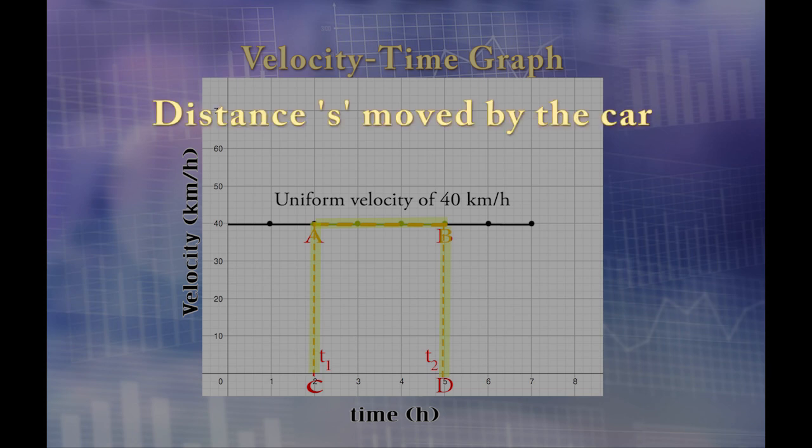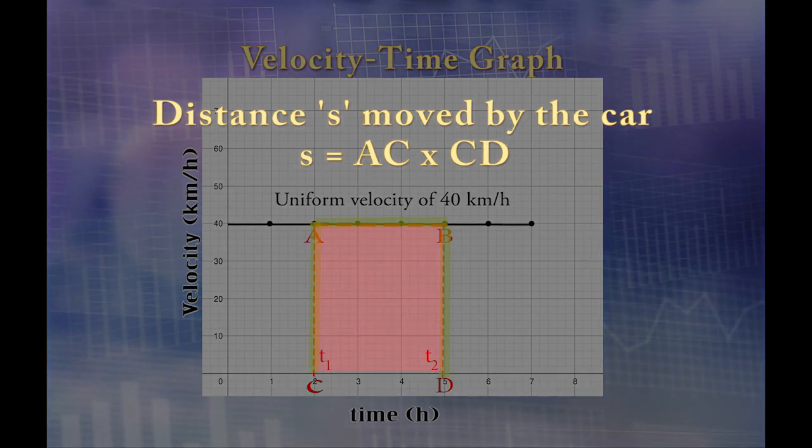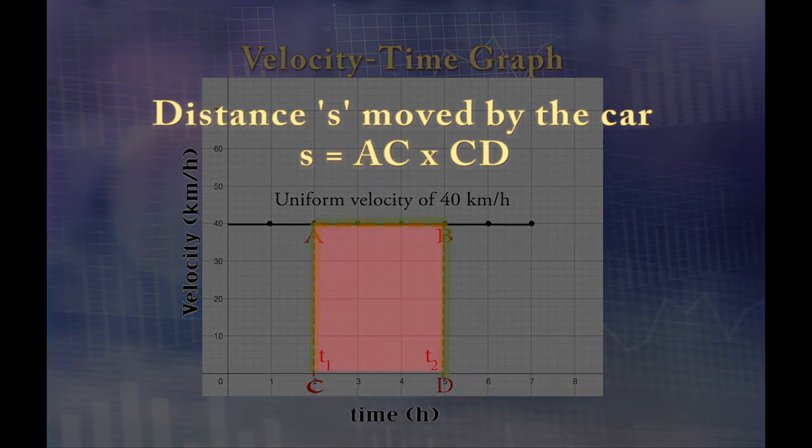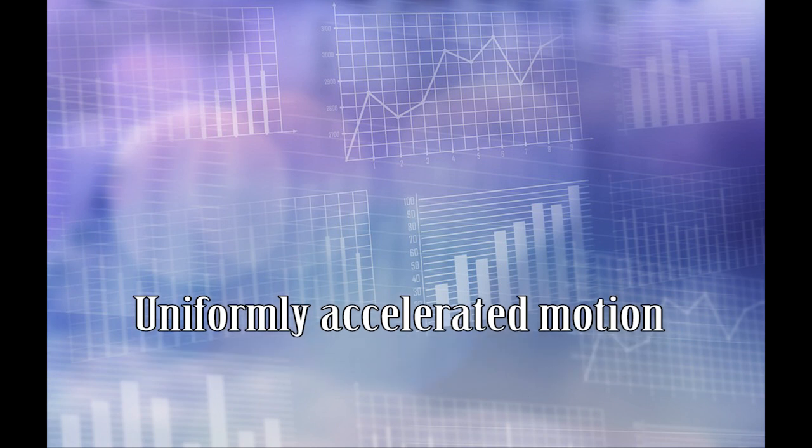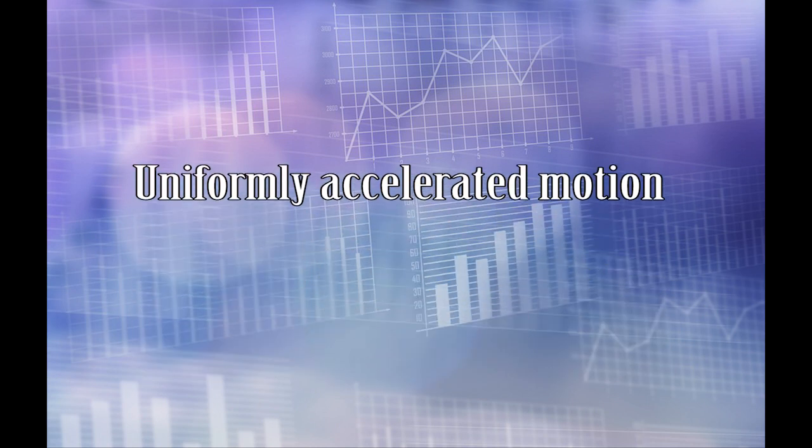So, the distance S moved by the car in time t2 minus t1 is given by S equals AC times CD. That is the area of the rectangle ABDC.